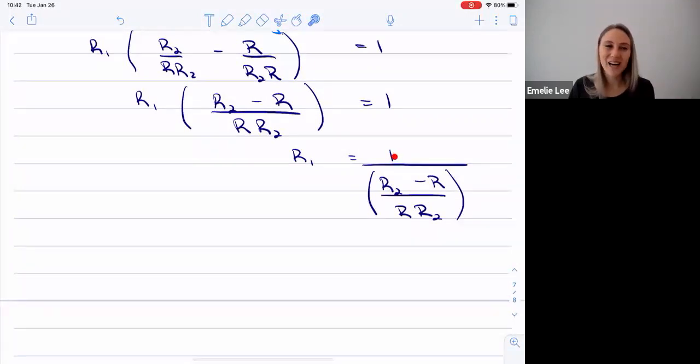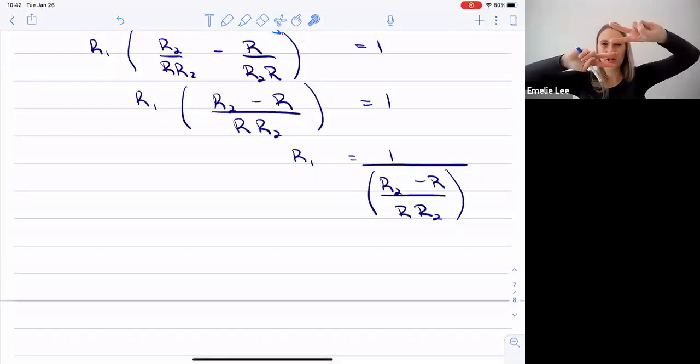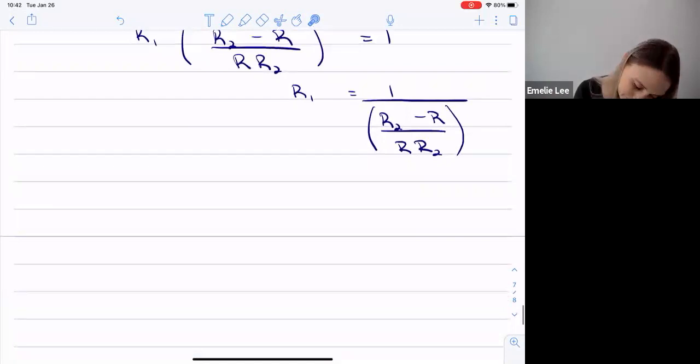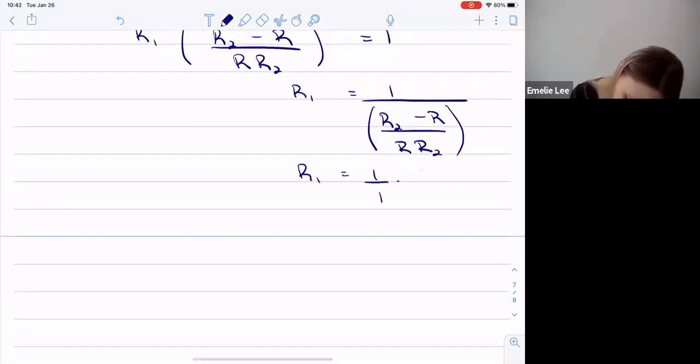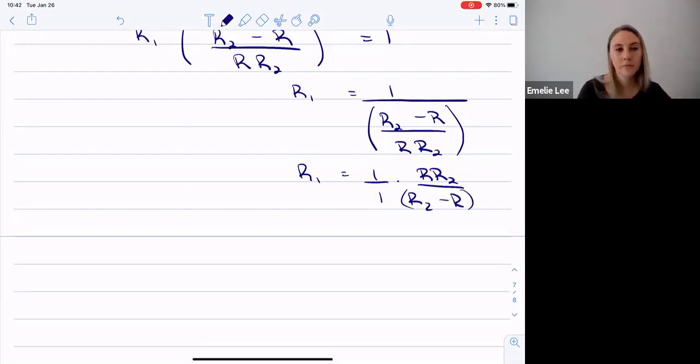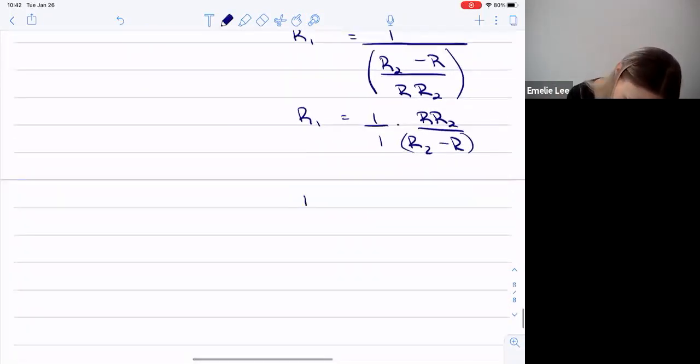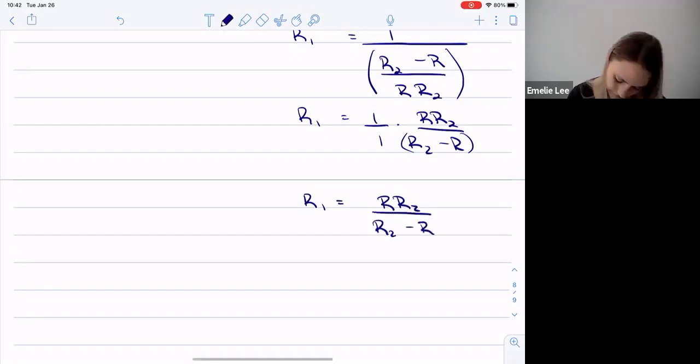So now you've got a fraction over a fraction, which you can flip the denominator and multiply, right? So R1 is going to be 1 over 1 times R times R2 over R2 minus R. Multiplying fractions, you can just smush them together. So then R1 becomes R times R2 over R2 minus R.